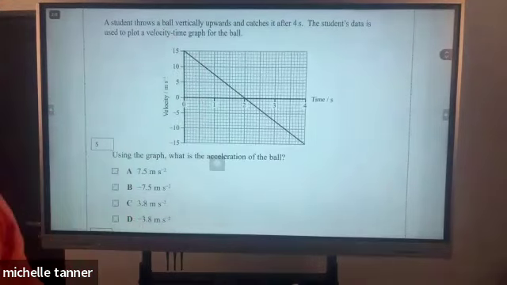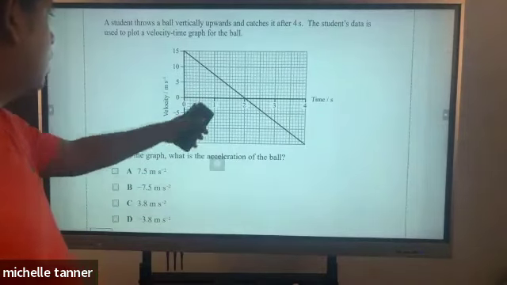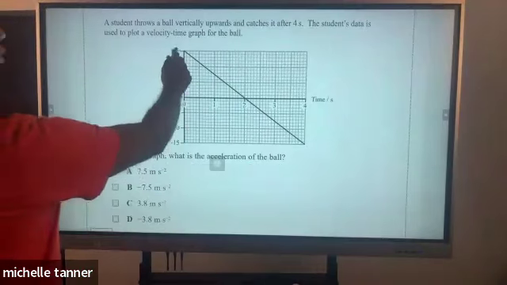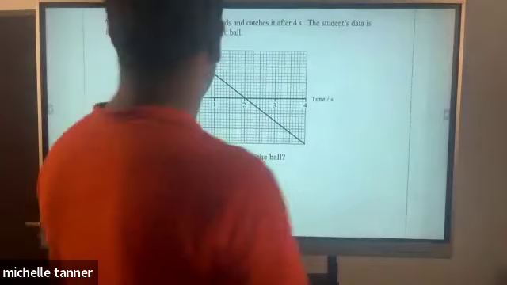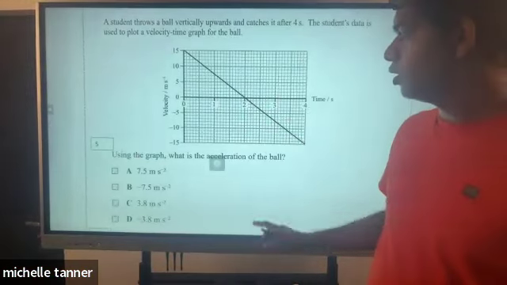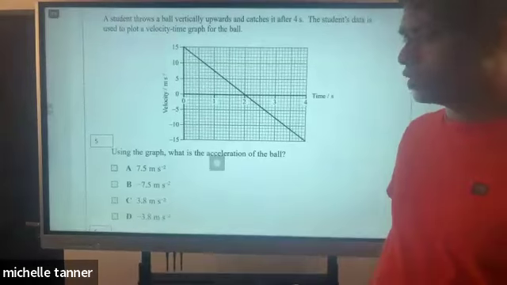Right. In this question, what's the acceleration of the ball? Calculate the acceleration. The values are 5, 10, 15 and the times 1, 2, 3, 4. Find the acceleration here. Question number 5.